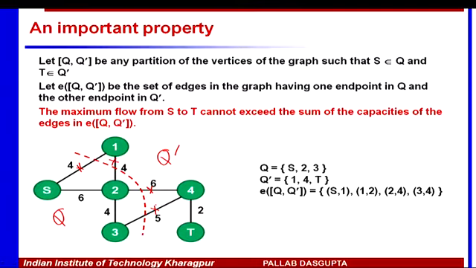Now, if you look at the edges on this, I say that the maximum flow from S to T, where S belongs to Q and T belongs to Q dash, cannot exceed the sum of these capacities. So, the sum of these capacities is what? 4 plus 4 plus 6 plus 5. So, I am saying that you can never have a flow from S to T which exceeds this. Why? Why not? Why can't we have more flow?